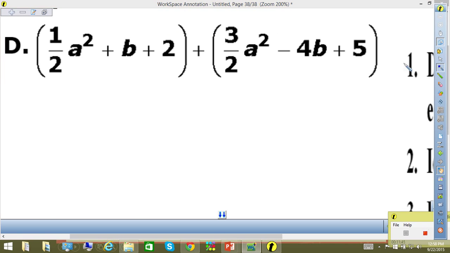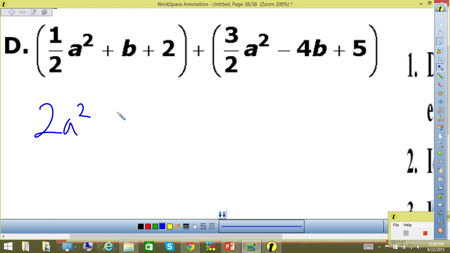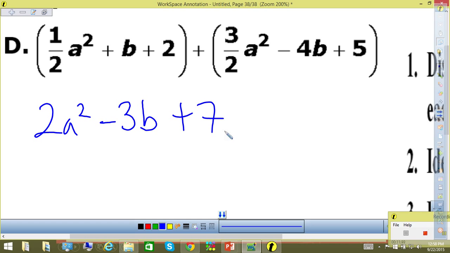You said 2a squared minus 3b plus 7. Hands up if you got that? That is correct.